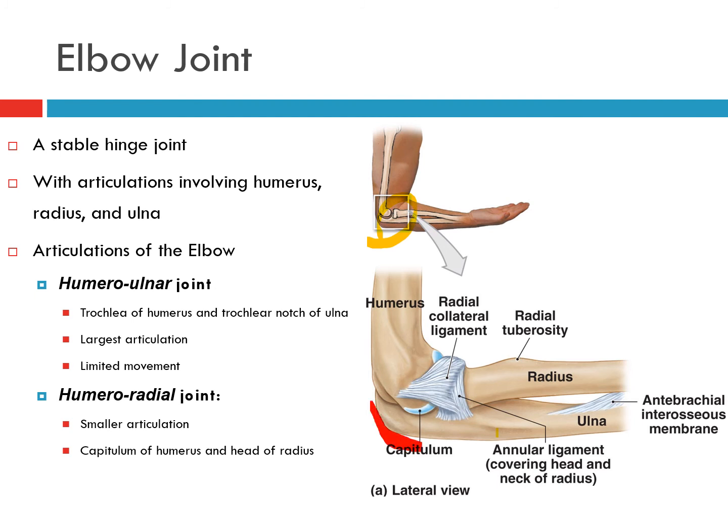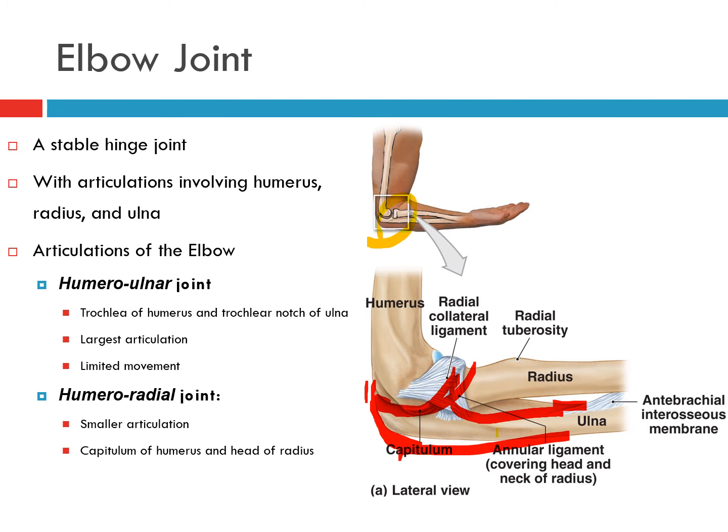So underneath this, you've got the hinge of the ulna. So the ulna looks like this under there. So this is the trochlear notch of the ulna and the olecranon process, and then it is coming around the trochlea of the humerus. That's the largest articulation in the elbow, and it moves in flexion and extension.